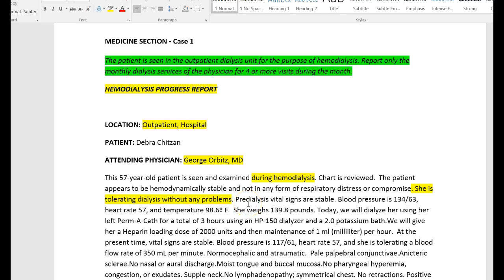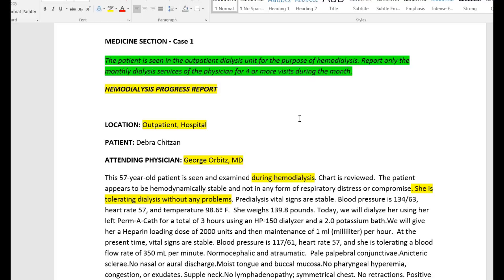For case 1, dealing with the medicine section, we are given a disclaimer at the very top of the report of the case explaining what we need to code for this particular scenario on the Week 2 coding exam. It's telling us that the patient is seen in the outpatient dialysis unit for the purpose of dialysis.